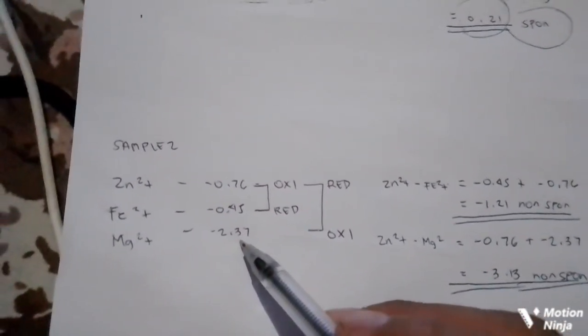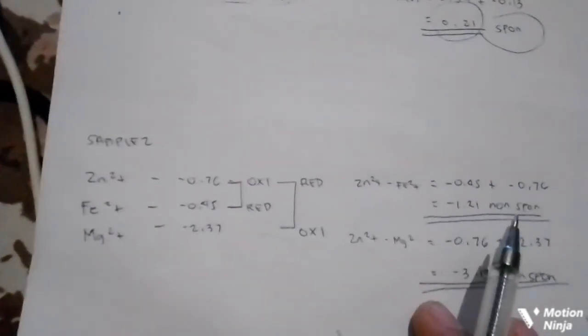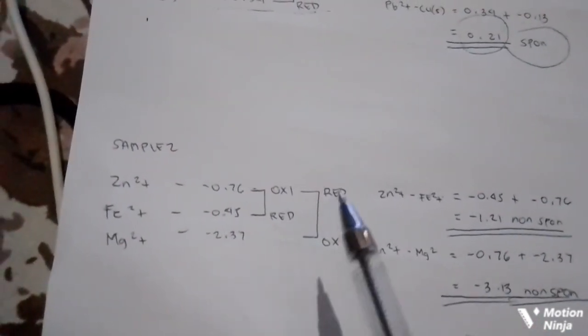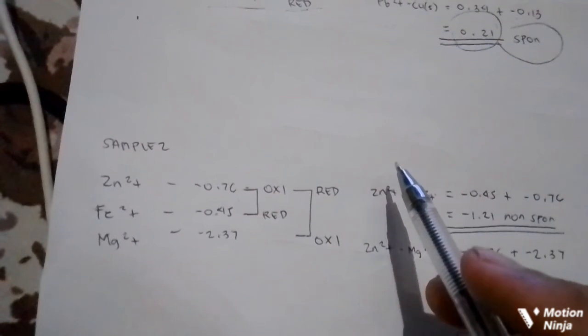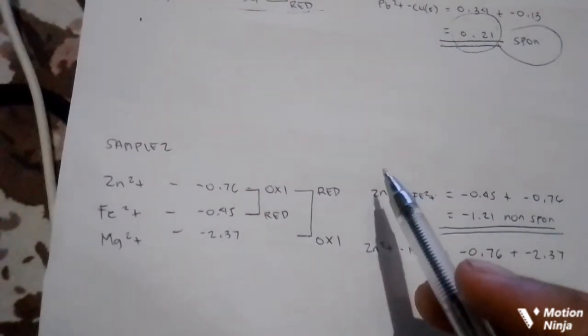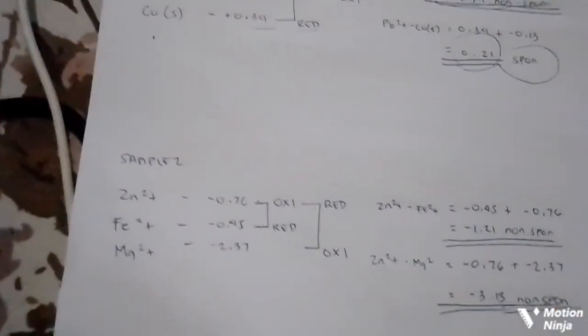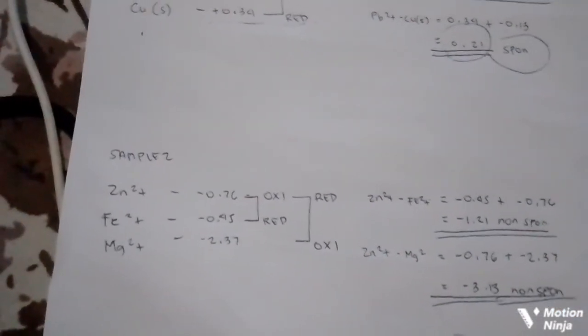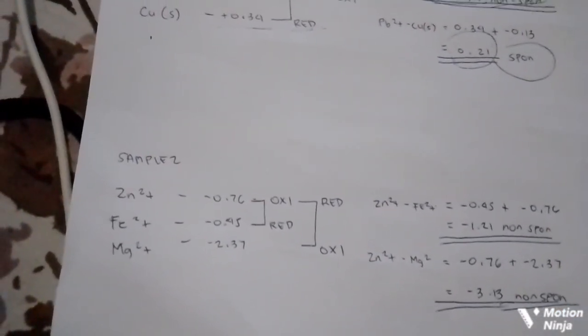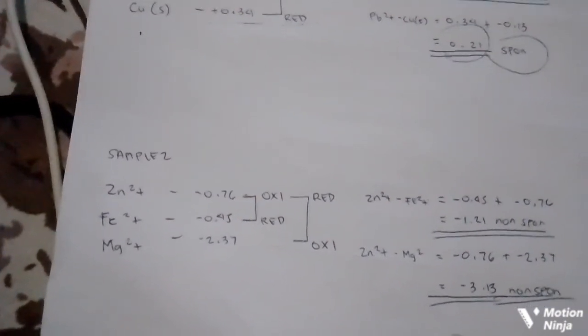First, we calculate Zn2 and Fe2. Zn2 will be the oxidation since it is way more negative than Fe, and Fe will become the reduction.